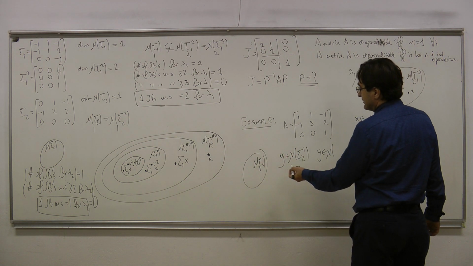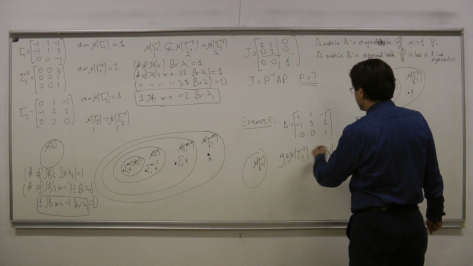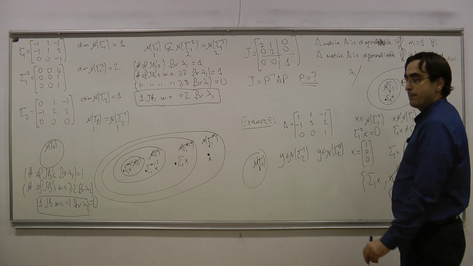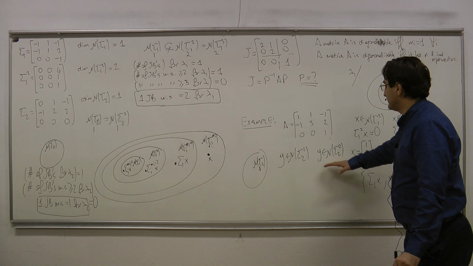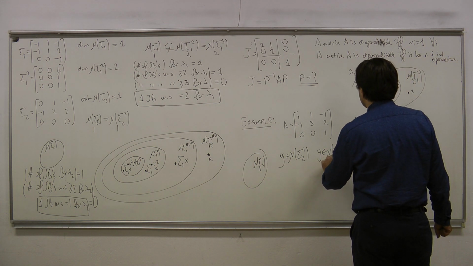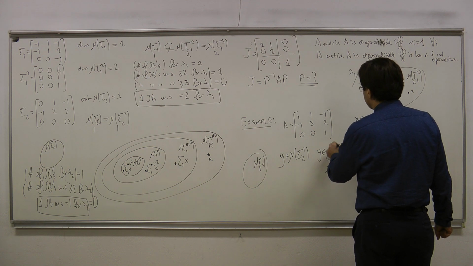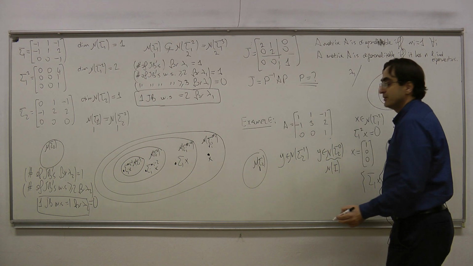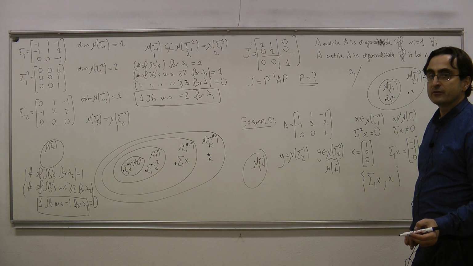But what is going to be that inner null space? The inner null space is going to be the null space of sigma 2 to the 0. But what is the null space of sigma 2 to the 0? Sigma 2 to the power 0 is the identity matrix. And what is the null space of the identity matrix?